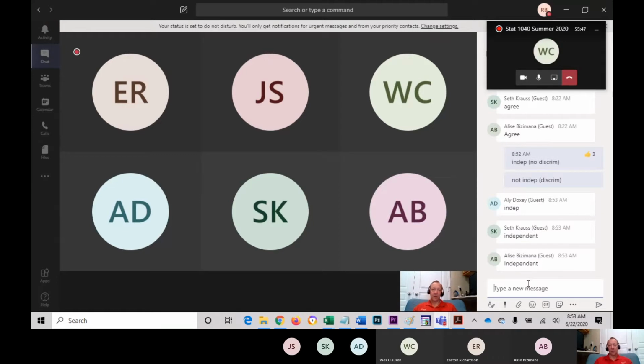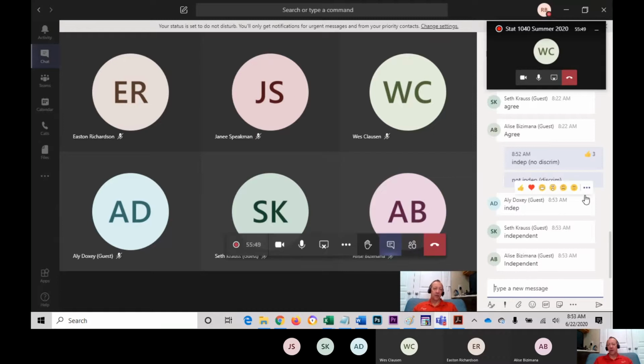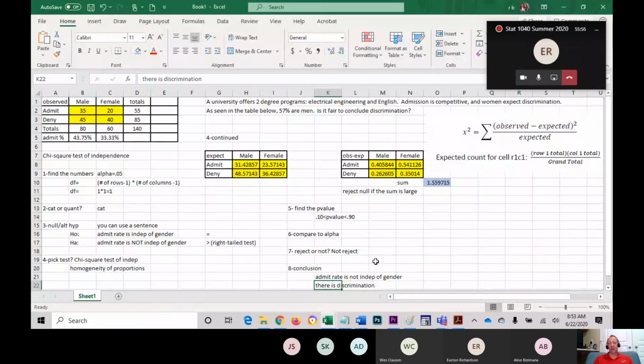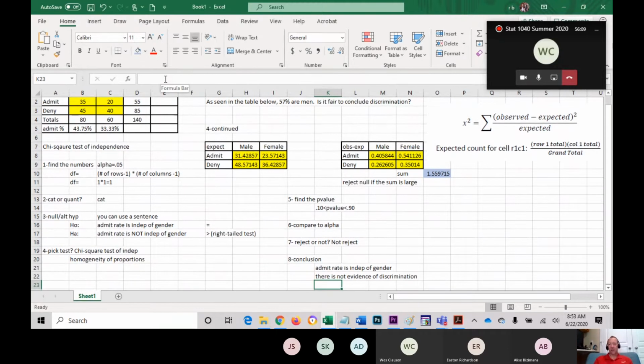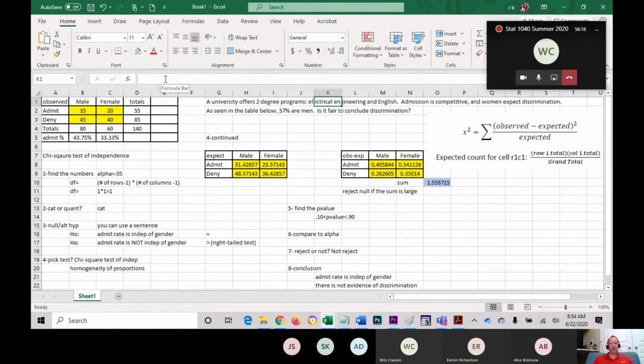Oh, we've got 6 people voting now. So you're all saying it's independent? Okay, so we've changed our mind here. It is independent, and there is not evidence of discrimination. It seems like we all agree with that. So that is the correct answer.